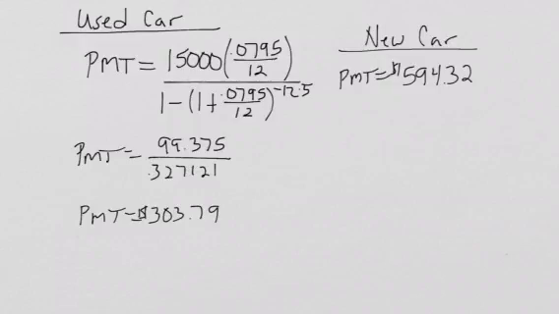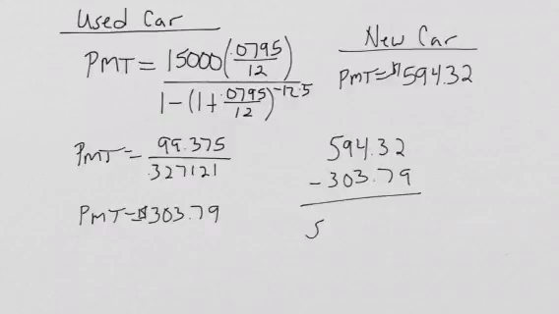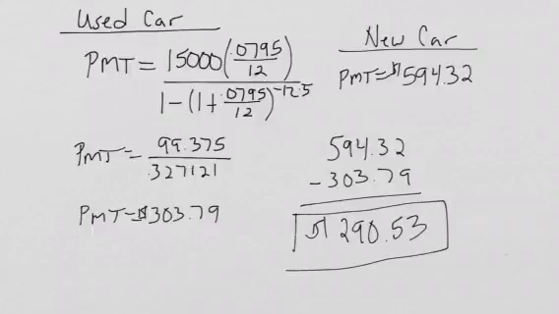And so we're just going to take these two, $594.32, and subtract the $303.79, and we find a difference of $290.53. And that's the difference between the monthly payments of the two different financing options.